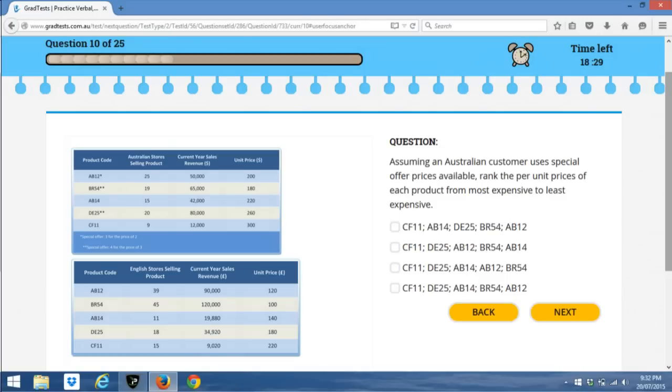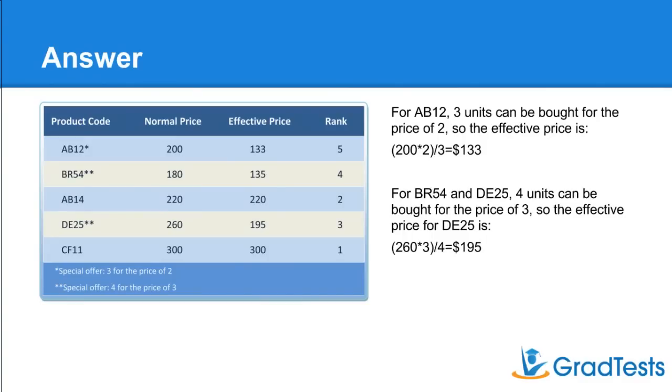We just have to find the effective price of the other products. So that's exactly what this table is doing here. AB12, remember the special offer there was that you got 3 for the price of 2. So the effective, if you want to call it that, unit price of AB12 is $133.